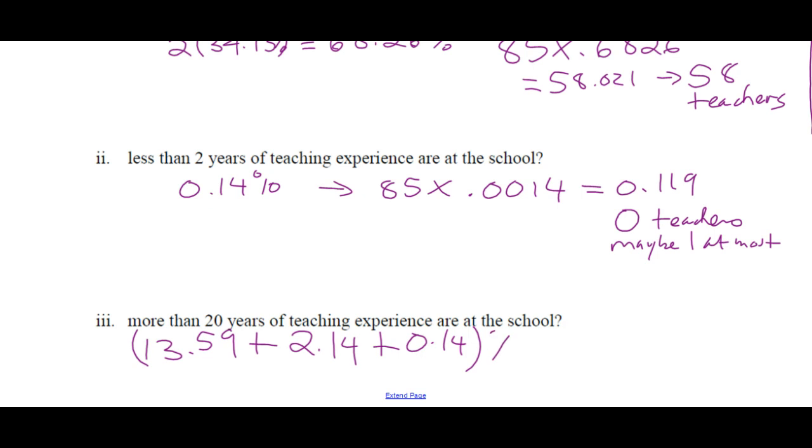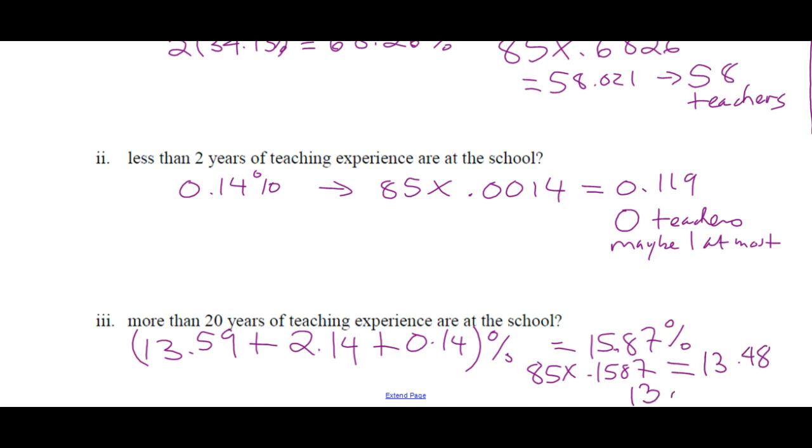Those are all percents. So it's 15.87%. As a number, 85 times 0.1587. Remember, percent means out of 100. It's 15.87 divided by 100, which is 0.1587. And this works out to 13.48.